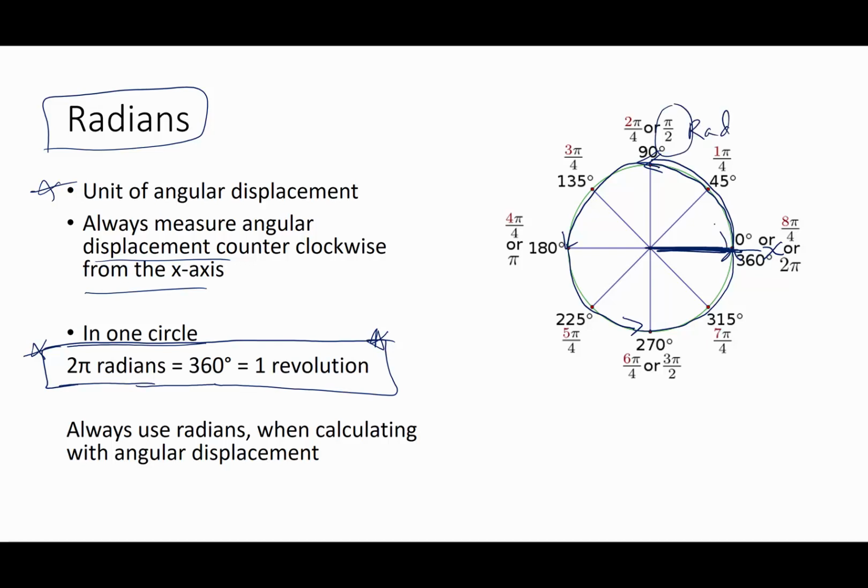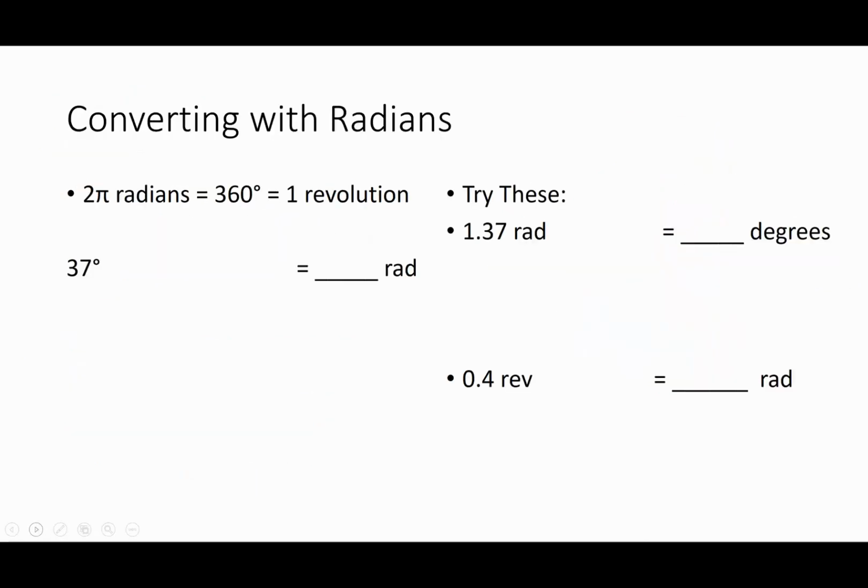If you go all the way over to 180 degrees, you have pi radians. At 270 degrees, you have 3/2 pi radians. If you've gone all the way around 360 degrees, you have 2 pi radians. And we're always going to use radians when we're calculating using angular displacement.